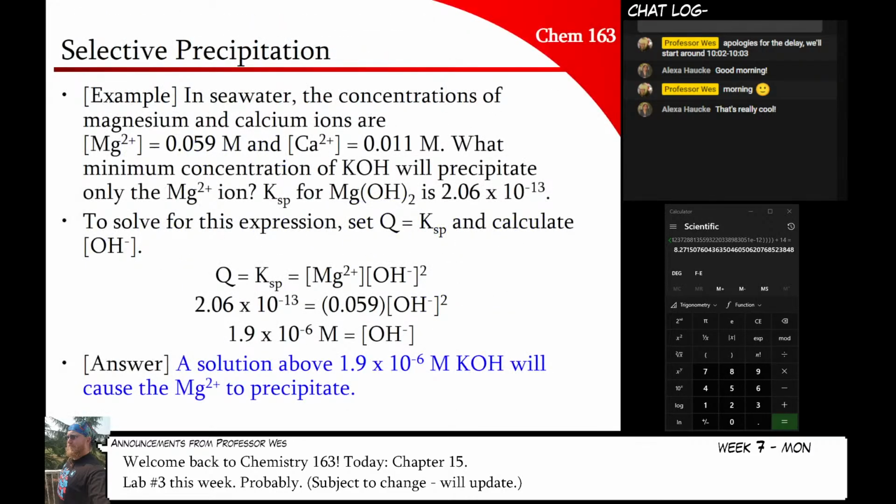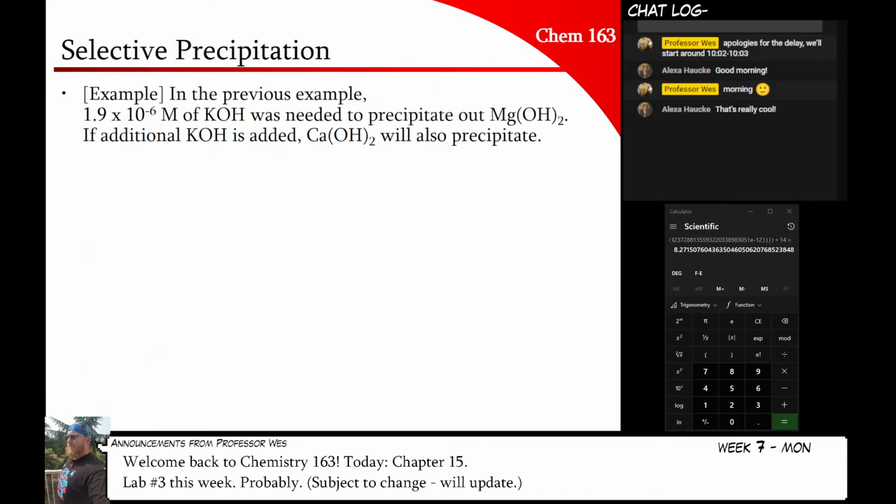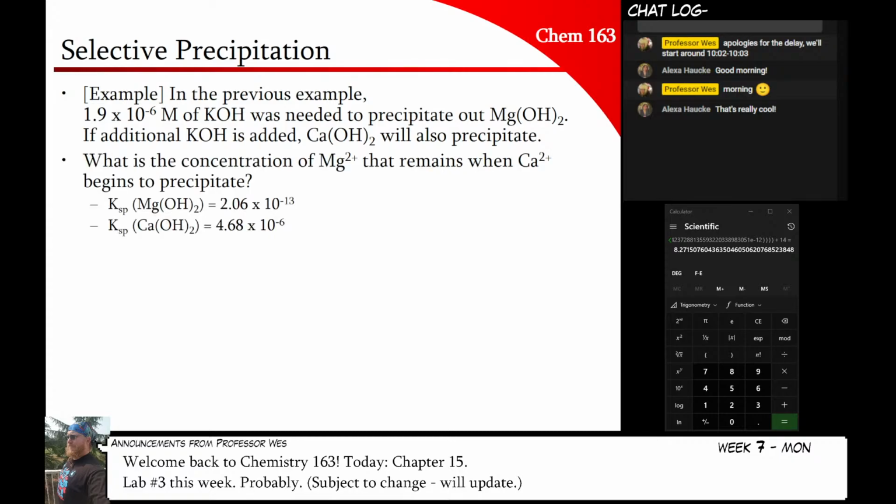All right. So there's the calculation that we just did. We calculated that we need this concentration to make our magnesium precipitate. For the next problem, we are going to add more KOH, and this time we want to figure out when the calcium will precipitate, and also, once we have done that, how much magnesium is left in the solution.